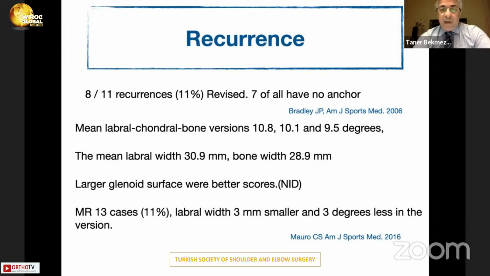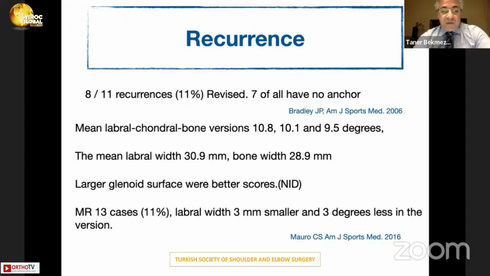One of them, Bradley et al., showed that anchorless suture repair creates a tendency toward recurrence in their series. And the second one, Mauro et al., researched the effects of glenoid, labral, chondral, and bone dimensions and width on clinical outcomes.